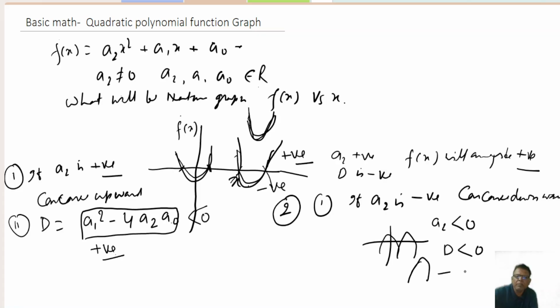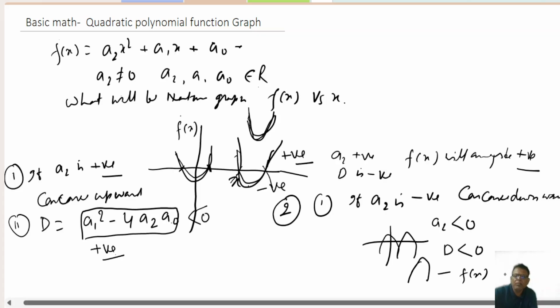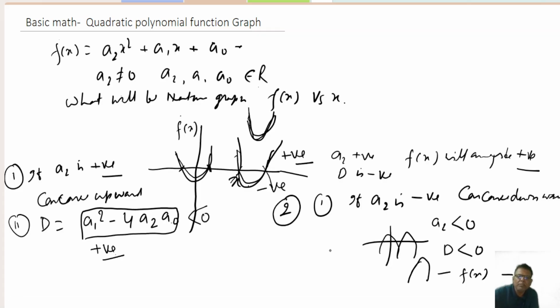Then f(x) will always be negative. And if D is positive, then up to this portion f(x) is positive, and for this interval and this interval, f(x) is negative.